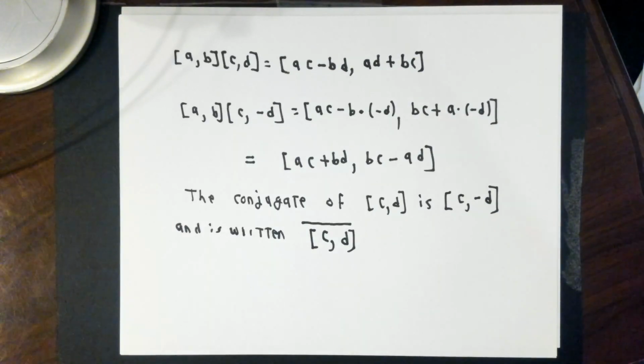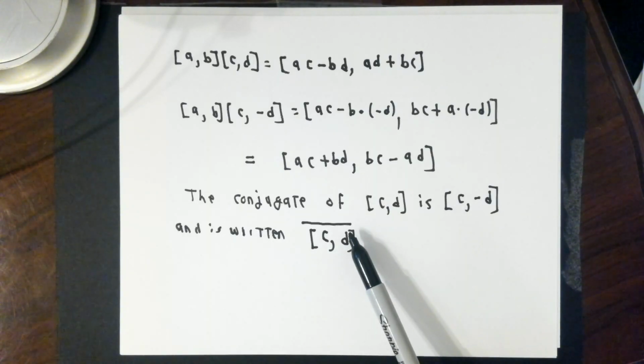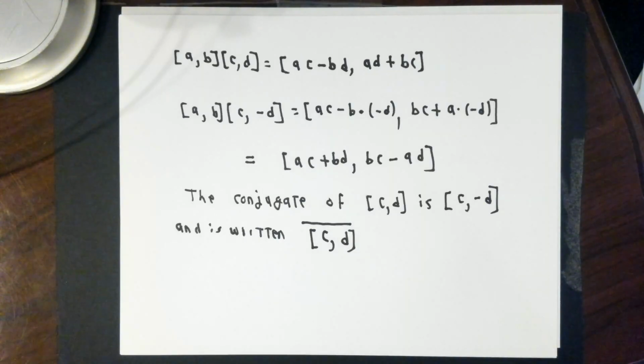So I'm going to make up a new word. The conjugate of CD is C comma negative D, and I'm going to make up a symbol for it. I'll write CD with a horizontal bar above it, pronounced conjugate of bracket CD.